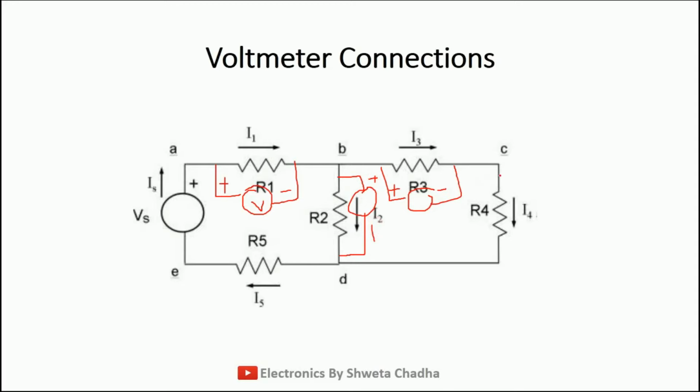And connecting voltmeter in parallel with R4 will give us V4, and finally voltmeter connected in parallel with R5 will give us V5. So these are going to be our connections. So you need to connect voltmeter one by one with all the 5 resistances. Hence, you will be able to calculate Kirchhoff's voltage law.